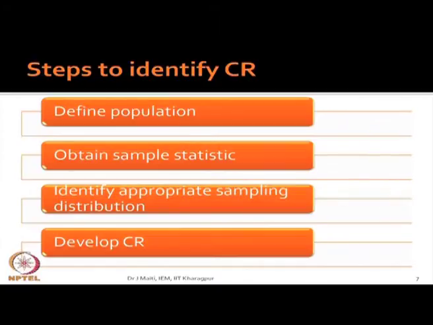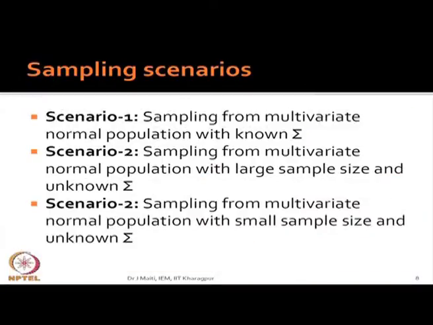We will solve one problem for confidence region. By defining the population, we are considering three scenarios. Scenario 1: sampling from a multivariate normal population with known sigma. That means you know the covariance matrix for that population; this is basically the covariance parameter matrix.